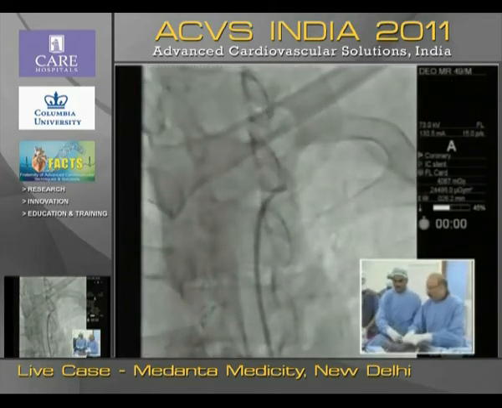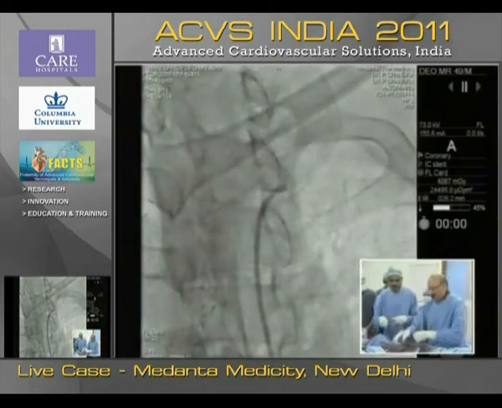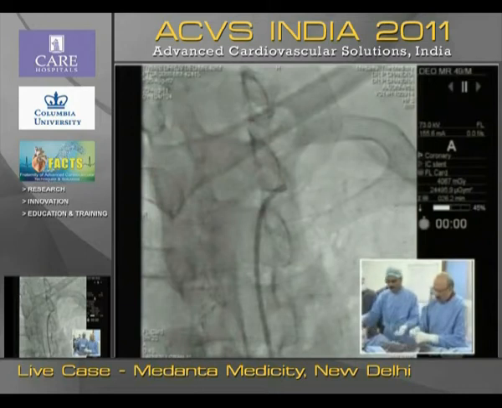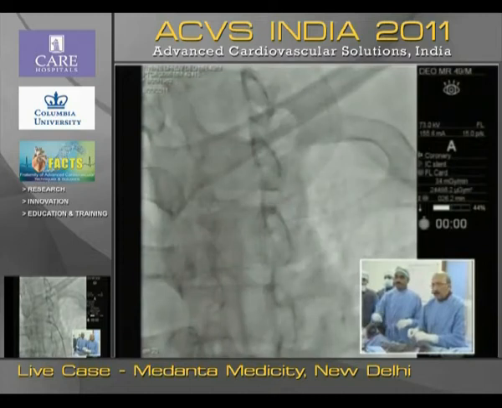Actually, we have pulled the catheter a little bit more back while we were controlling the pull out of the wire.